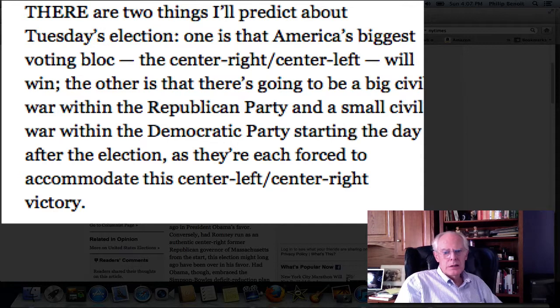The other is that there's going to be a big civil war within the Republican Party and a small civil war within the Democratic Party starting the day after the election, as they're each forced to accommodate this center-left, center-right victory." So it's an interesting approach he's taking here, that the center-right, center-left is going to be the big winner in the contest. So the extremes will probably be unhappy one way or the other, or at least not the winners of the election.